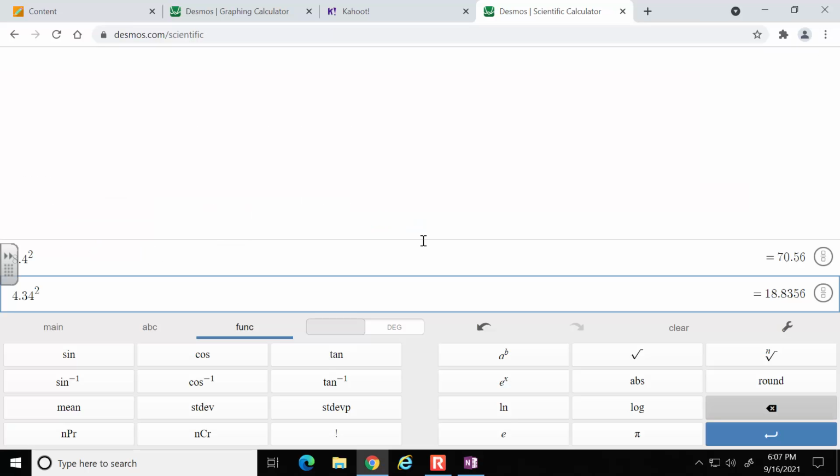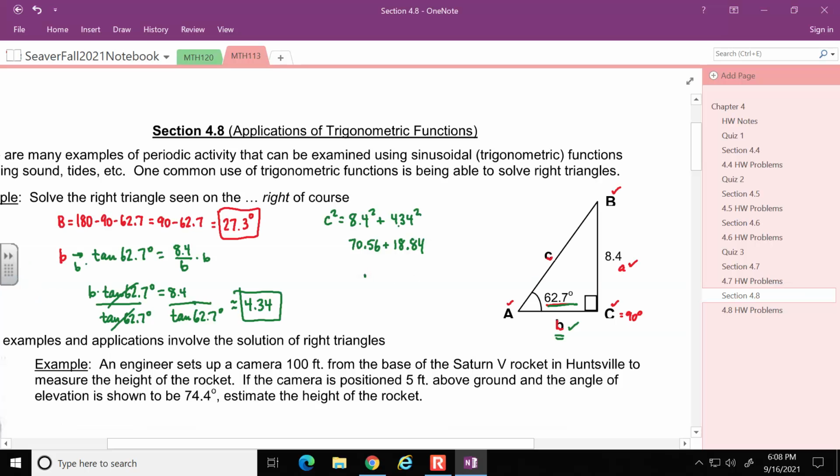So if I add those together, I get about, if I did this correctly, 89.3 or 89.4. Okay, and that's side length C, not angle C. So that's what I get. Do I get anything different?